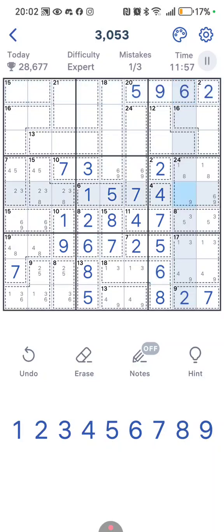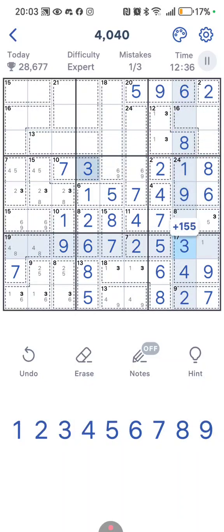Okay, so 6 and 9, so this is going to be 9, this is going to be 6, 4 and 9. Okay, so this is going to be a remainder here as well, so it's going to be 1. 8, 1 and 8 and 3 and 1.